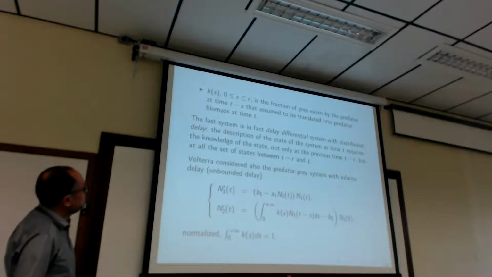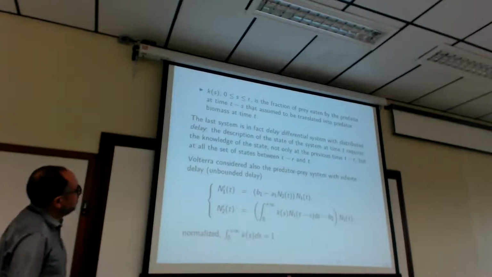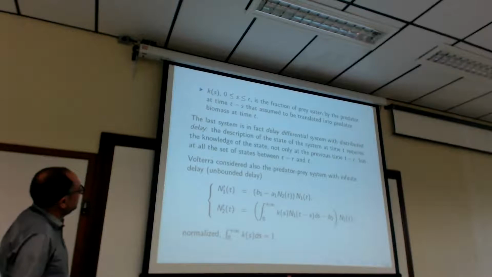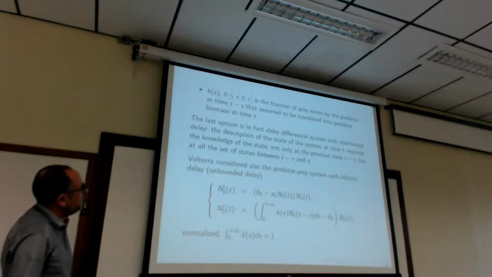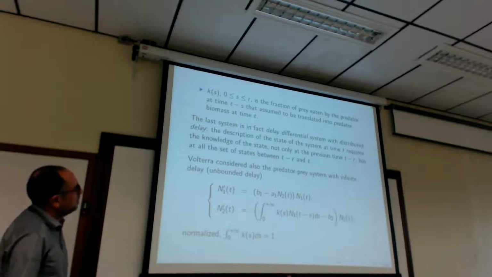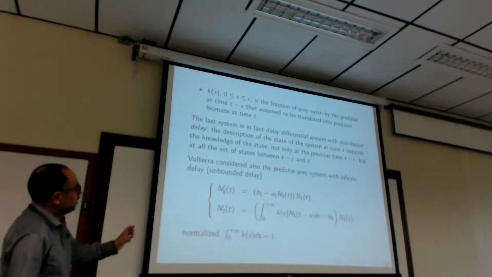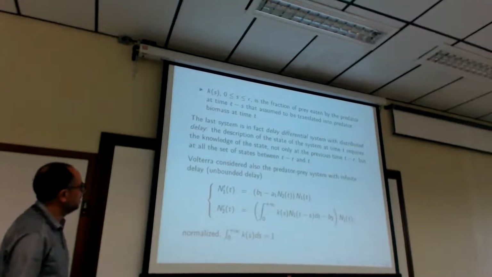And the description of the state of the system at time t needs to know the solution not only at time t minus r, but at all the set of states of solutions between t minus r and t.